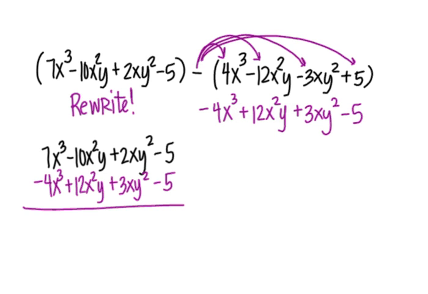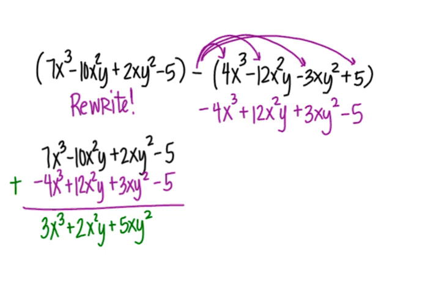Now I took care of all my signs there, so all I have to do is add up what's left. So 7 minus 4 would give me 3 of those. That would be 3x cubed. 12 minus 10 would be 2 of those, 2x squared y's, plus the 5xy squared.